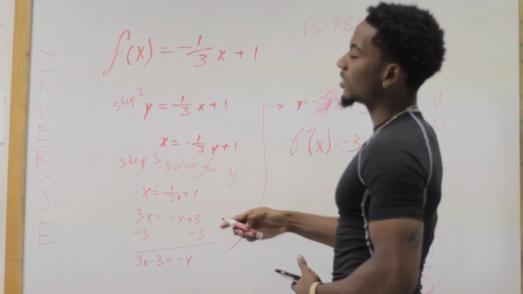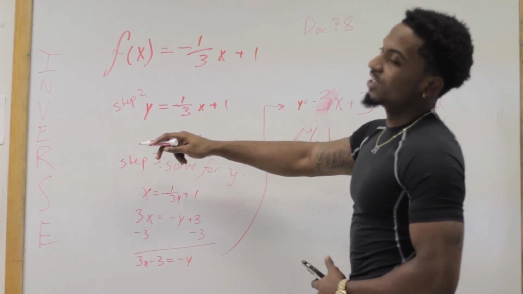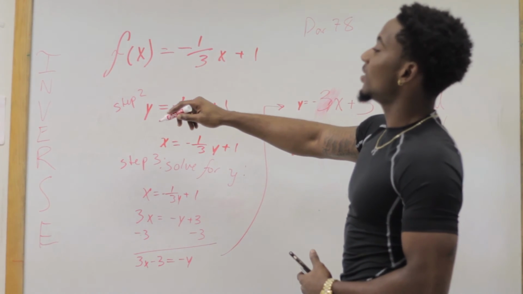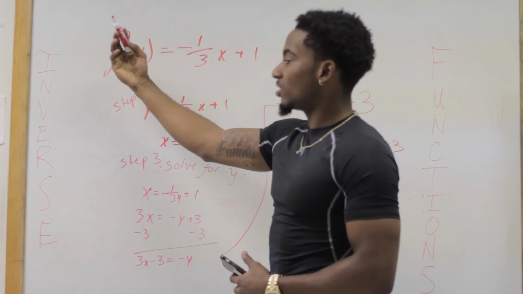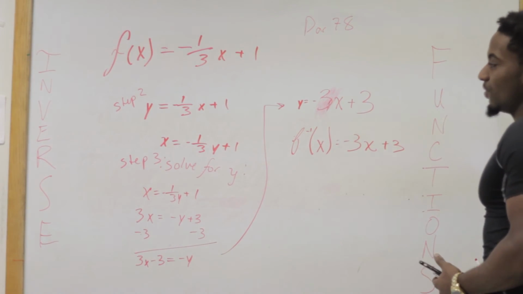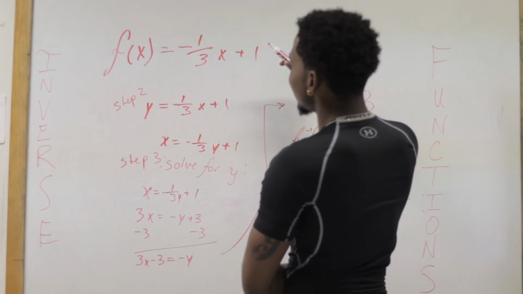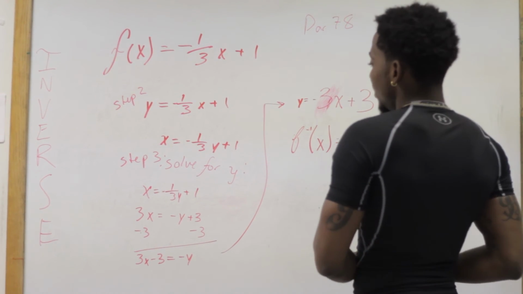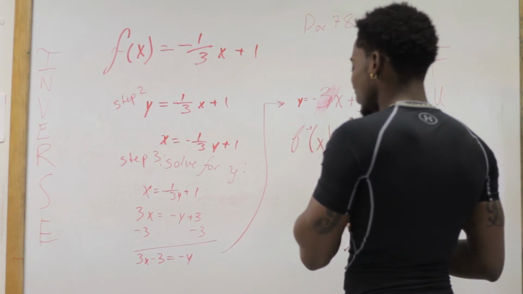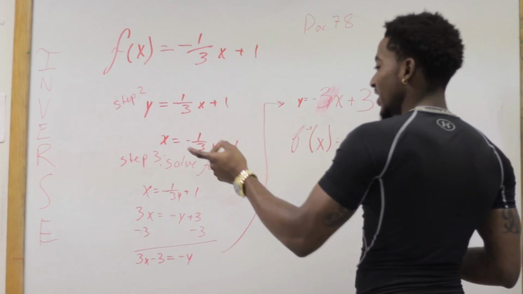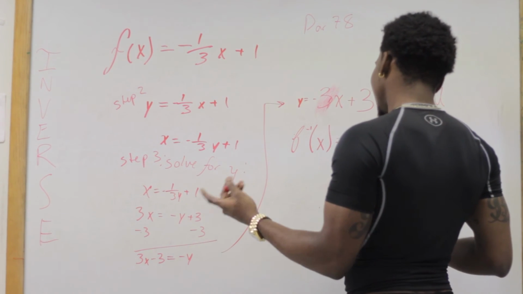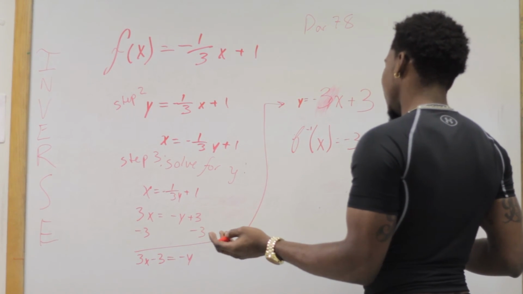Alright, today to close our review for the Cal 1 final exam, we are going to go over the inverse function. First, write your regular function, and then step 2 is to switch x and y, because every xy has a yx partner.